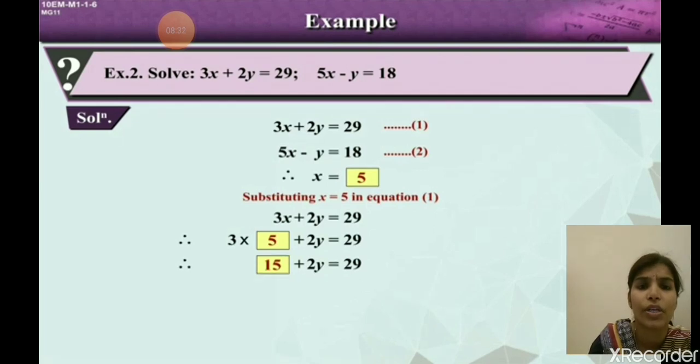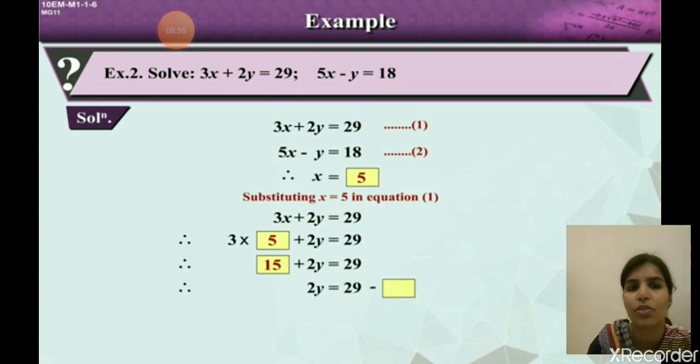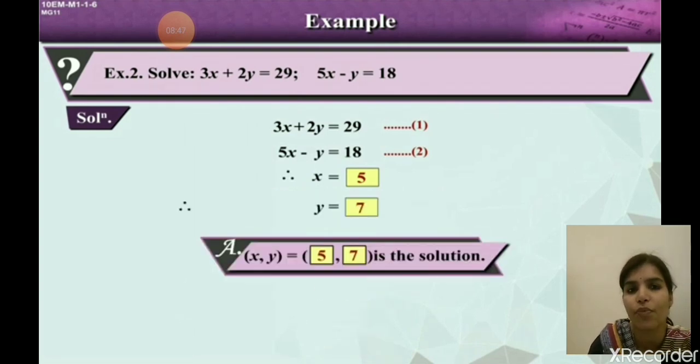So 3 into 5 is 15. 15 + 2y = 29. 2y = 29 - 15. 2y = 14. y = 7. So the solution of our equation is (5, 7). Do all of you understand?